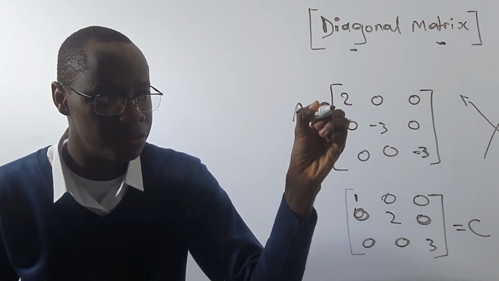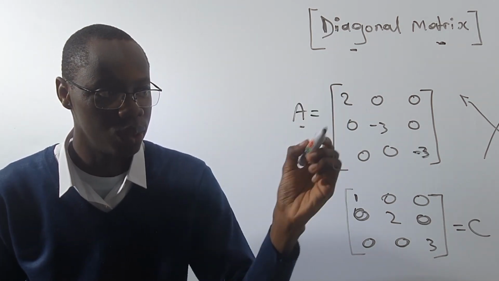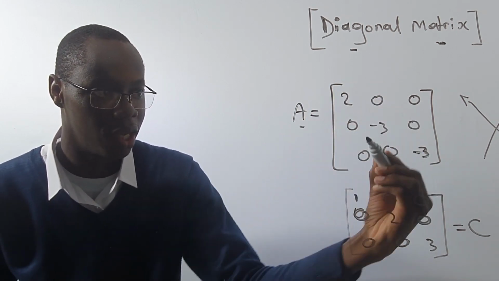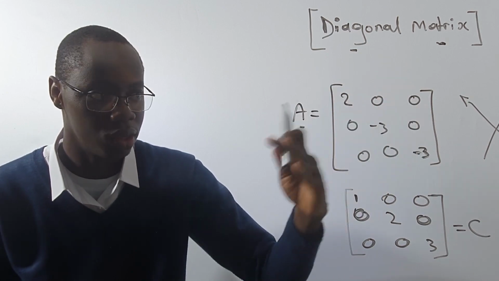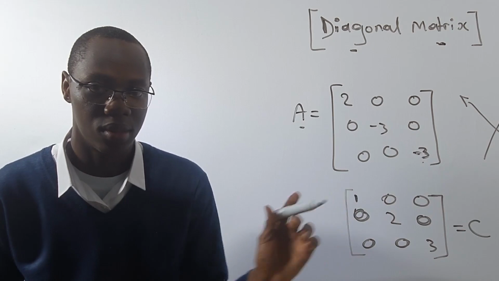It has to be different real numbers, 2, maybe 4, and they are all different in the main diagonal, and then 0 elements in the non-main diagonal. So like this one now, this -3 disqualifies it.